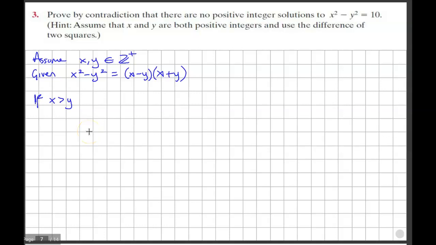Since x and y are positive integers, the sum of them is going to be a positive integer. Likewise, the difference between them is going to be a positive integer. So therefore the multiplication of those two positive integers is also going to be a positive integer.